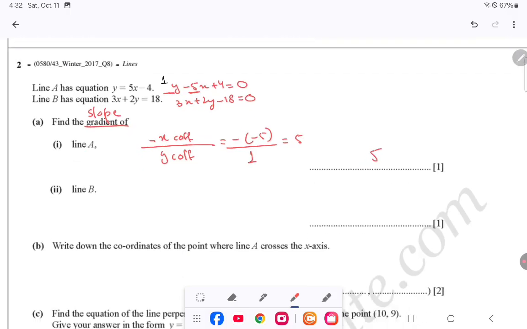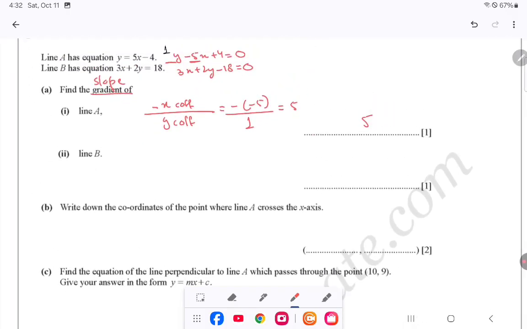For line B, again negative of the x coefficient over the y coefficient. The x coefficient is 3, and the y coefficient of line B is 2. So negative 3 over 2. This is the gradient of line B.